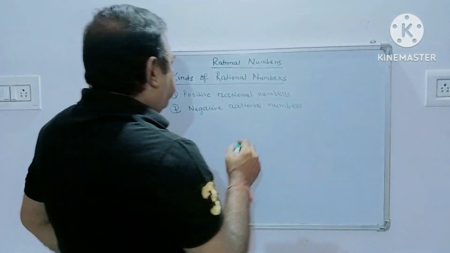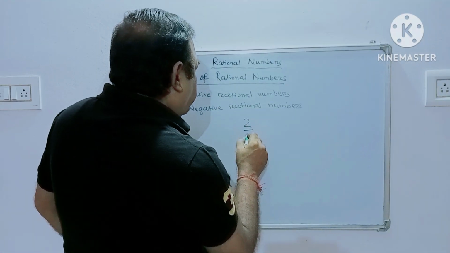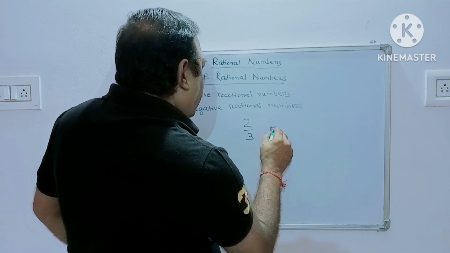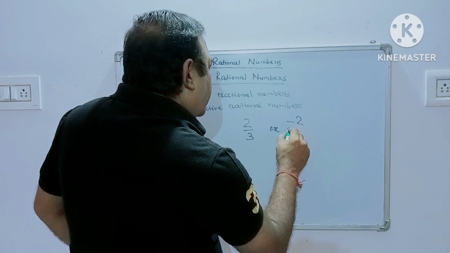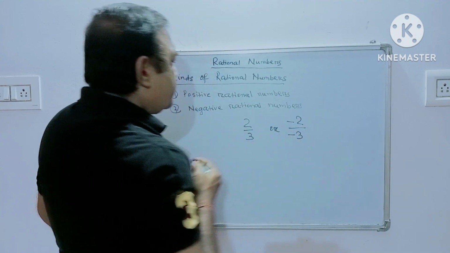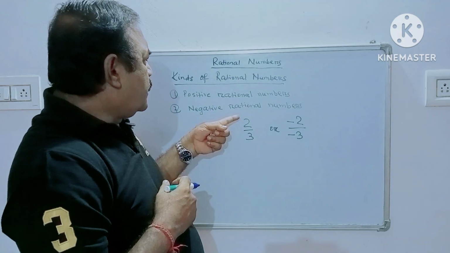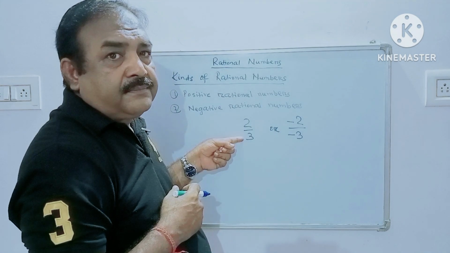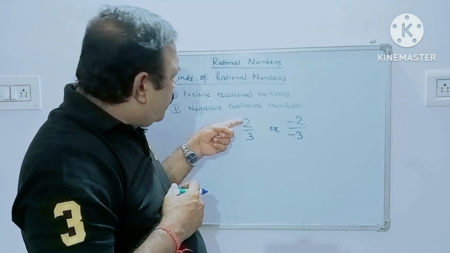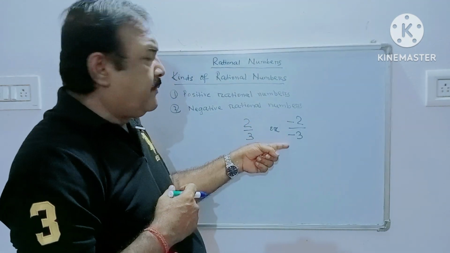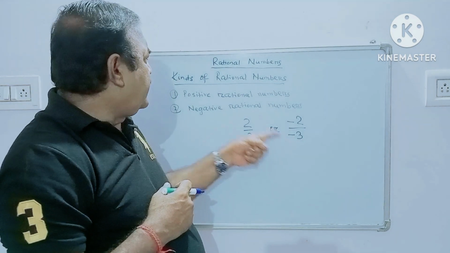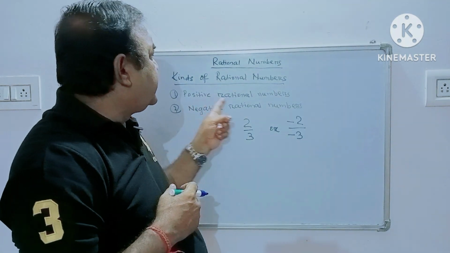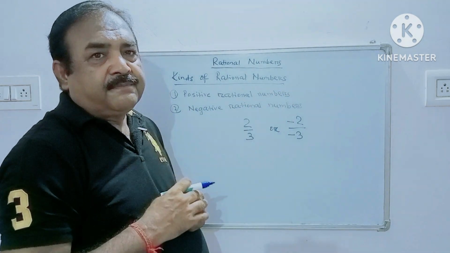You see, 2 upon 3 or minus 2 upon minus 3. So both the numerator and denominator are either both positive or both negative. Then they will be called the positive rational numbers.